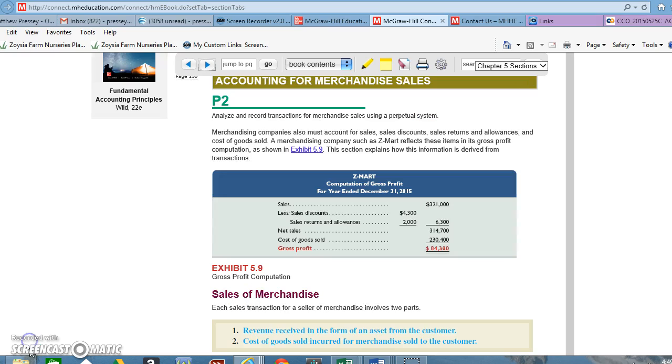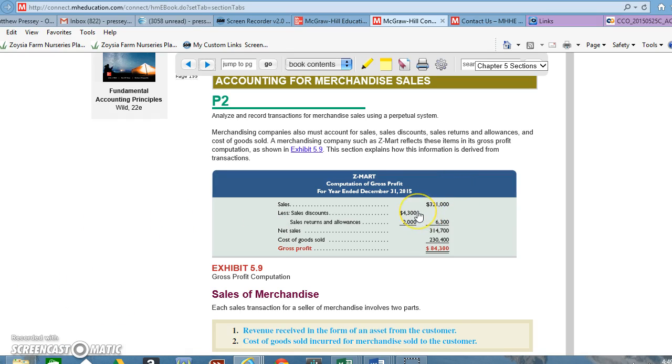Okay, getting into P2, starting here on page 199, we get into the actual merchandiser selling their merchandise. Right off the bat, they give you a thumbnail sketch of at least the top side of an income statement. This is important because it's certainly different from most other kinds of businesses due to a couple of things.